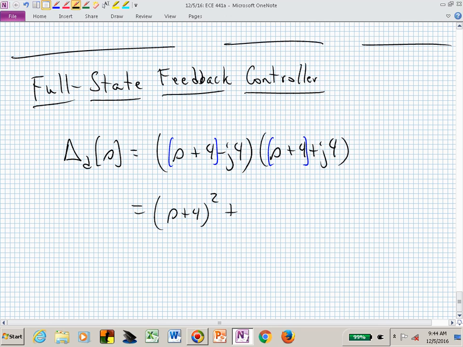First, inner, outer, and last. They cancel, don't they? Because we have a minus j4 and a plus j4. Those cancel, and now we're simply with minus j4 times j4. The minus cancels with the j squared, and we have 4 squared. Or we now have s squared plus 8s plus 4 squared plus 4 squared, or 32.